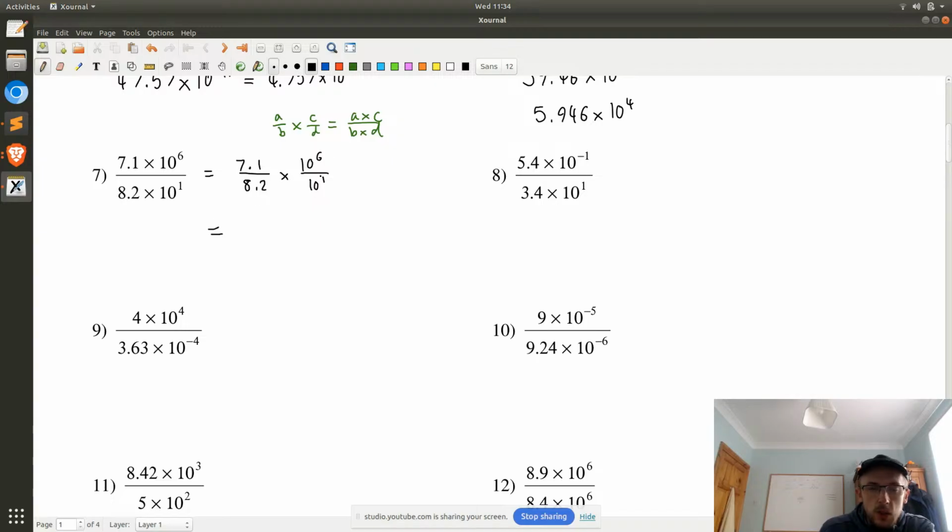That part I can do because it's 10 to the 6 take 1 is 5. But 7.1 divided by 8.2, I guess I can't do that. I don't know. So I have to resort to the calculator.